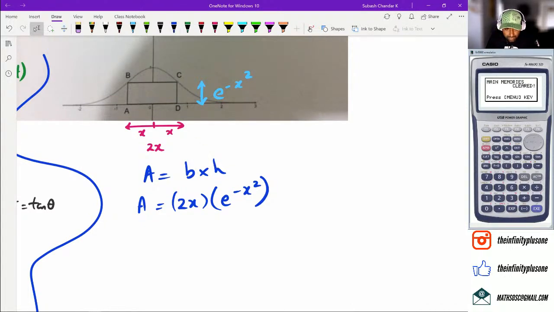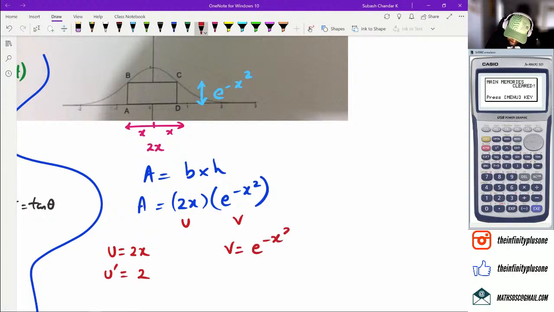Okay, so once we get that, what we need to do is work out the maximum area. We just have to differentiate the area and put it equal to 0. So we're going to put this as u and v, and in this case we're going to use the product rule. So u equals 2x, which means u dash equals 2. v equals e to the power of negative x squared, v dash equals negative 2x e to the power of negative x squared.